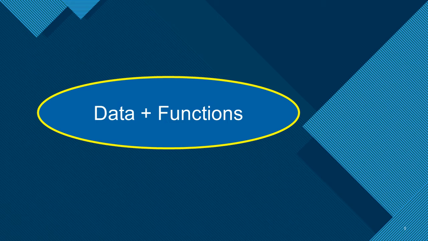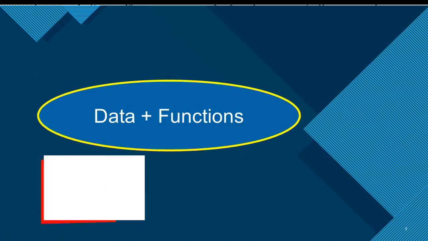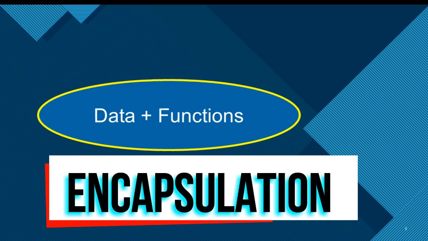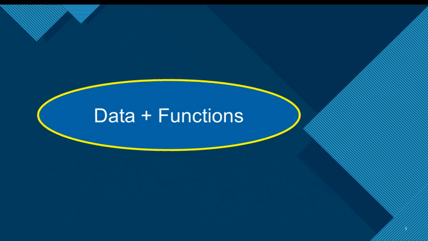This mechanism of providing protection of data and methods of a program is called encapsulation. And here, for encapsulation, we are creating a class. Okay, a class. And inside this class, we are creating data, that is the object and its properties or attributes. And methods are what can be done on that data.